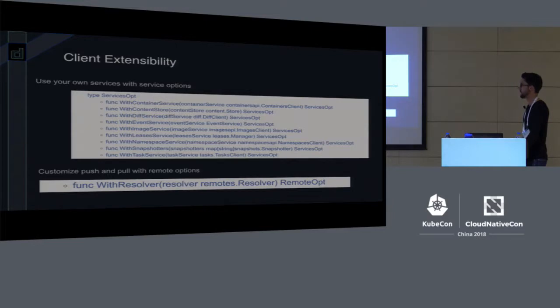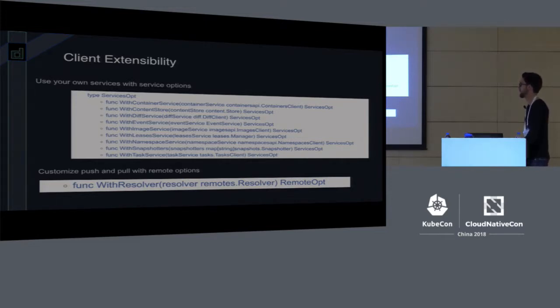This is used by the CRI plugin as well. Even though it's running inside the daemon, it uses the Containerd client, and it just instantiates all of these services with a local service. So it can be run both externally or internally without any changes in the way it's designed.